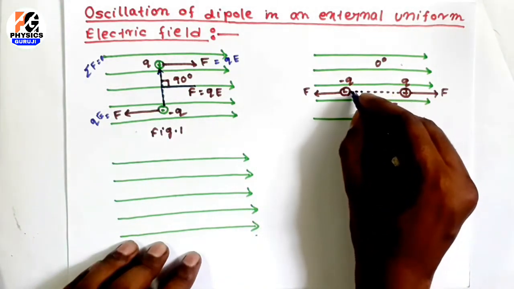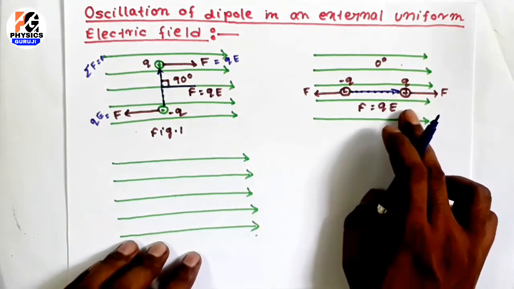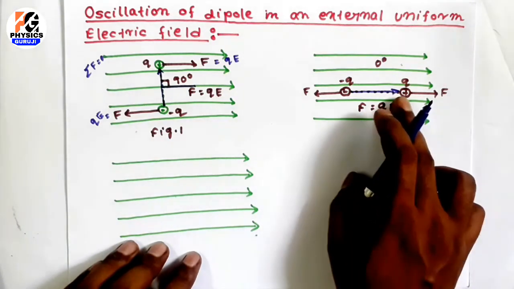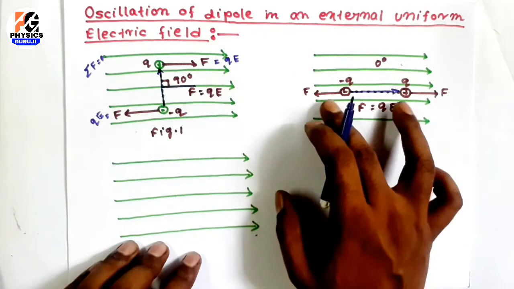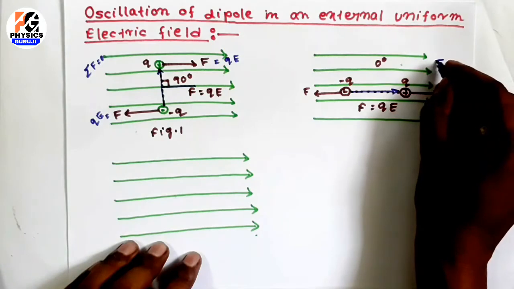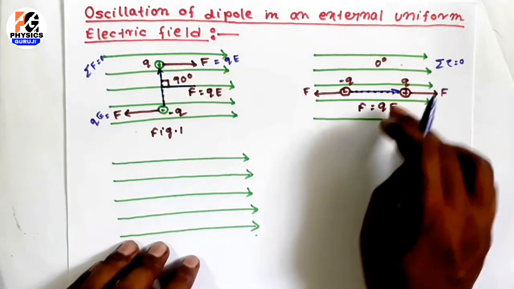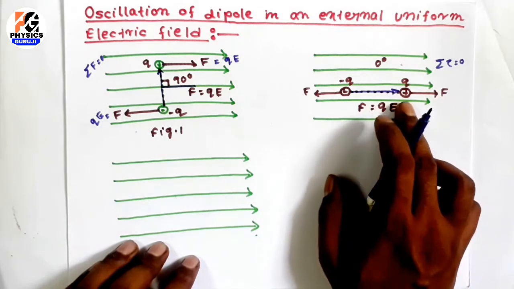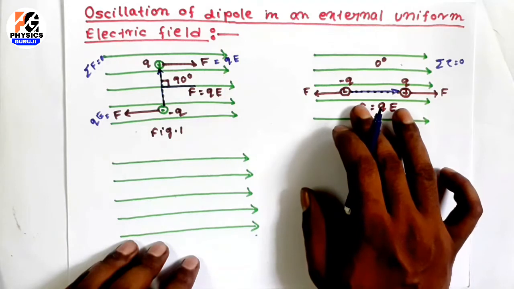Here the dipole moment is in the direction of the electric field, and in this position the two forces are collinear, so the net torque is 0 and the net force is also 0. This is called the equilibrium condition of the dipole. In this position the dipole will remain forever.